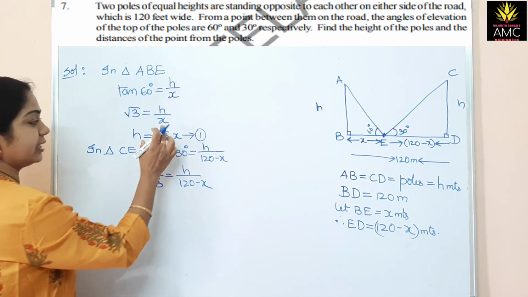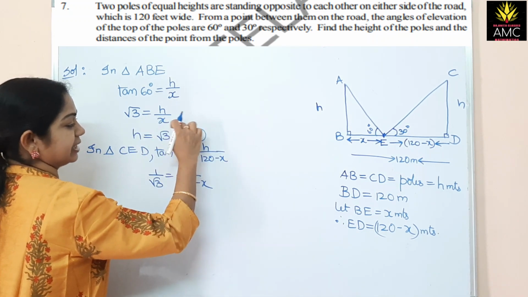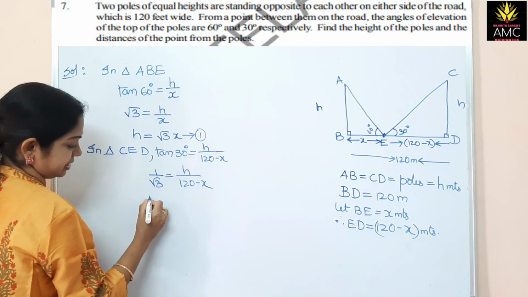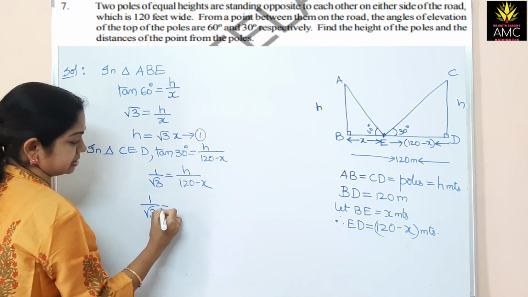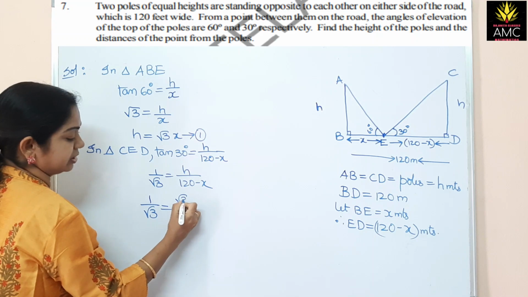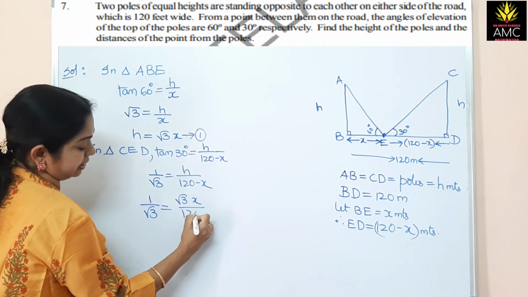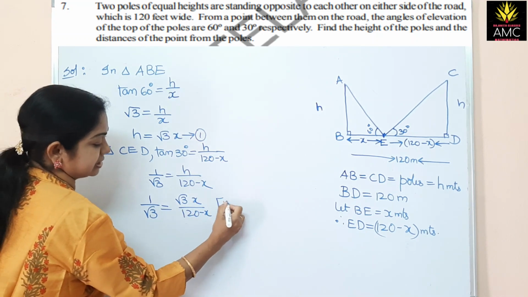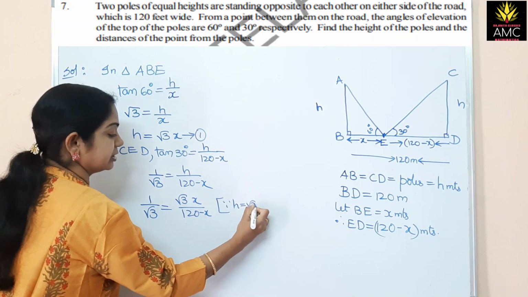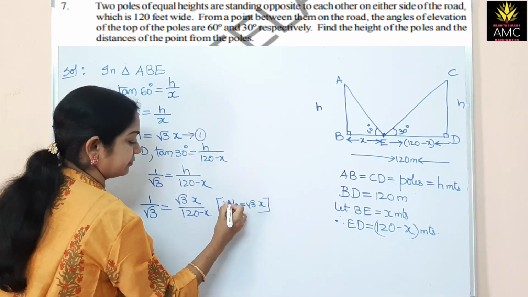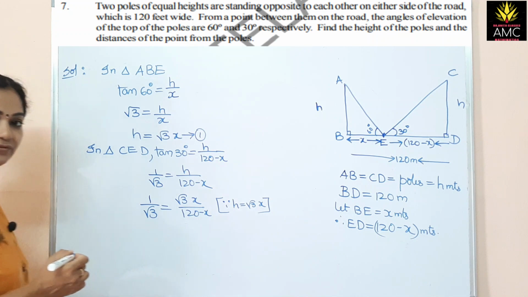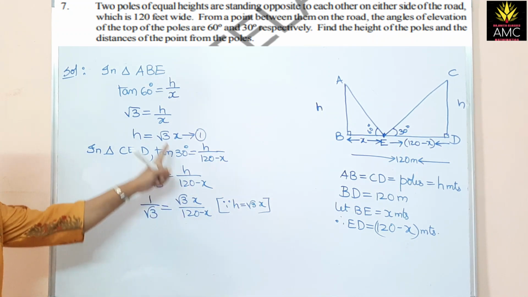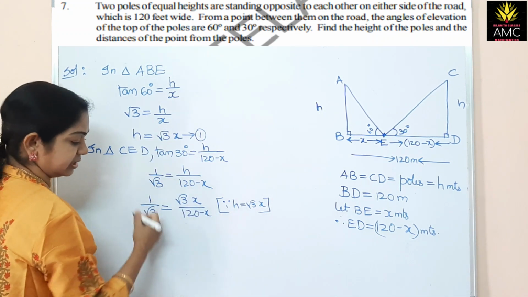Right. Now we can substitute the H value as root 3x here. 1 by root 3 is equal to, instead of H I will keep root 3x by 120 minus X, since H is equal to root 3x. In place of H, I have substituted root 3x. Now everything is in X only.